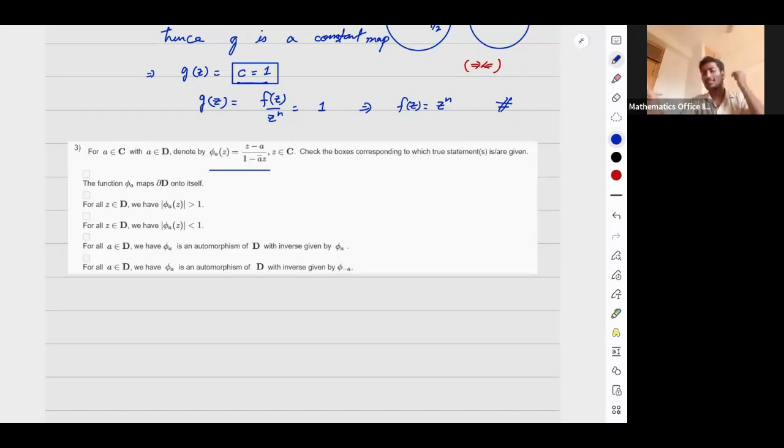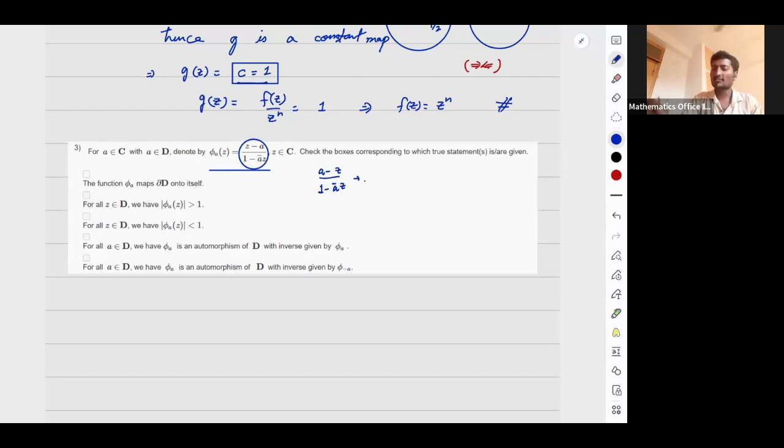Okay, because the function was given like this: (a minus z) divided by (1 minus a bar z). It sends unit disk to unit disk. Okay, we don't know what this is, but of course this is nothing but minus of this function.